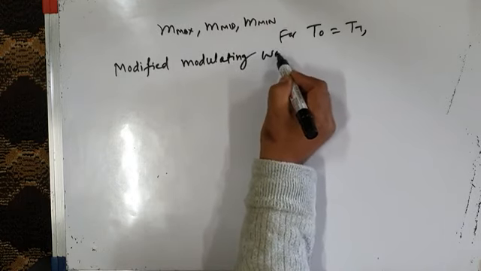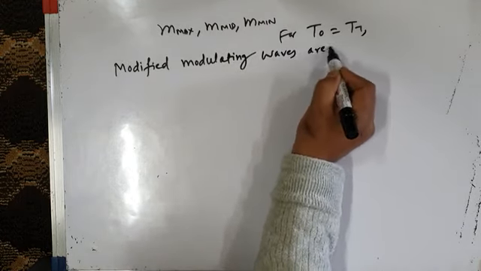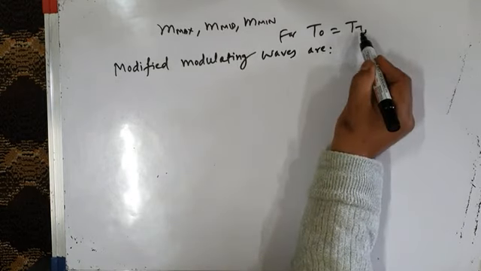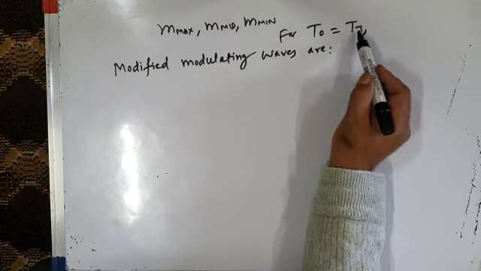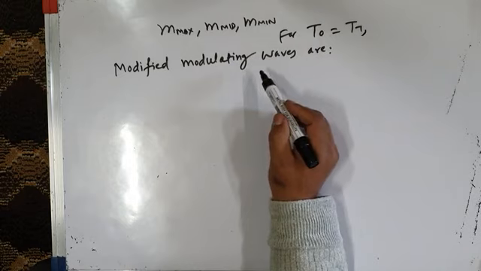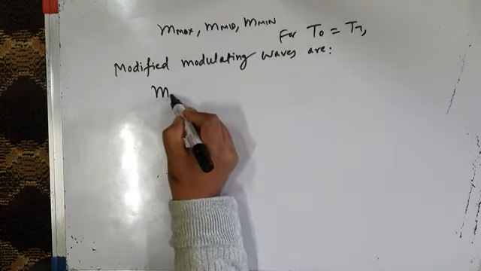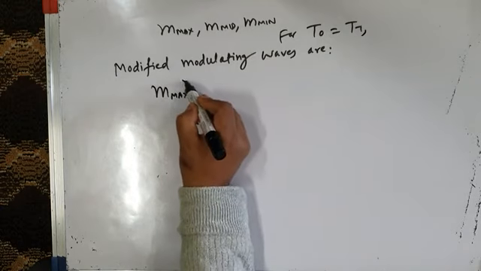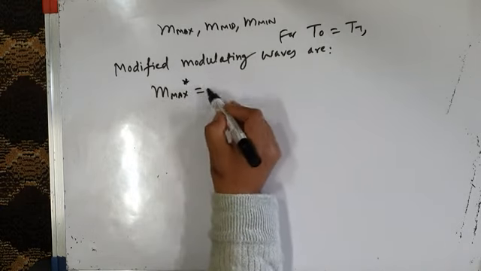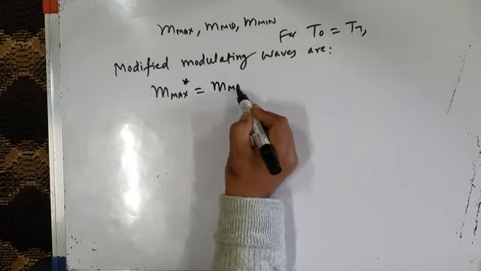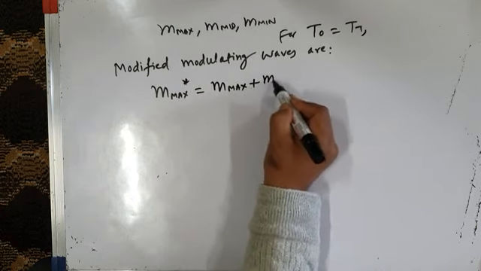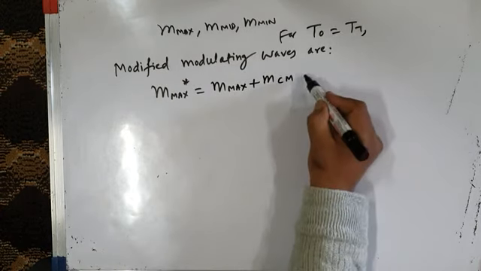For T0 equal to T7, for equal division of null vector times, the modulating waves get modified, and the modified modulating waves are m max star. M max star is the original sinusoidal modulating wave, m max, plus some common mode signal, MCM, right?